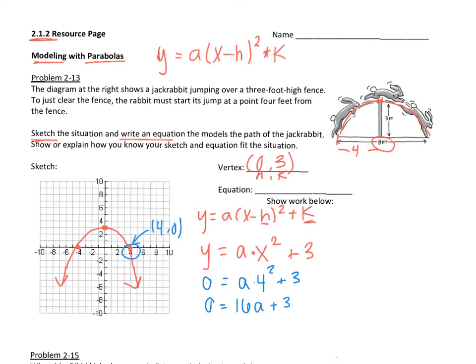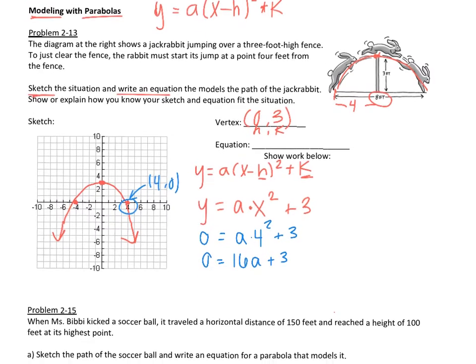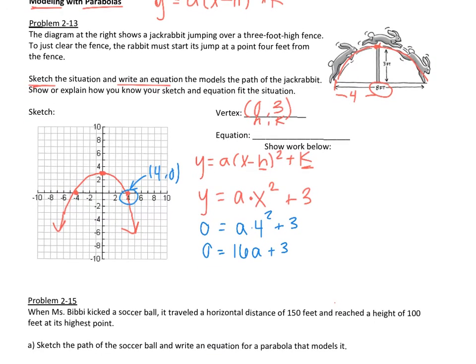We can subtract 3 from both sides, and we end up with -3 equals 16a, and then finally divide by 16. And we have a equals -3 over 16. And you can just leave it like that.